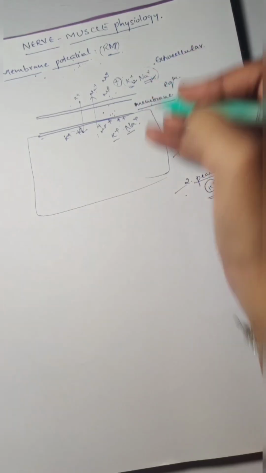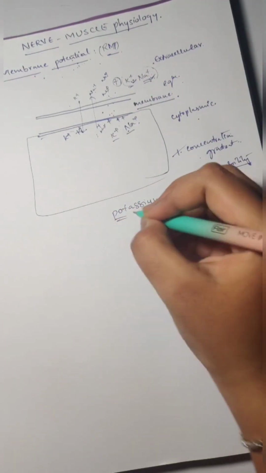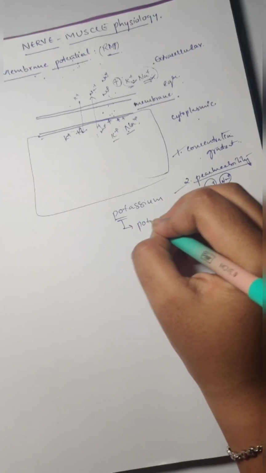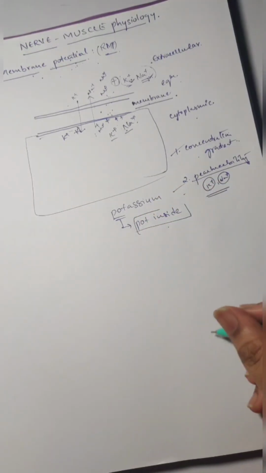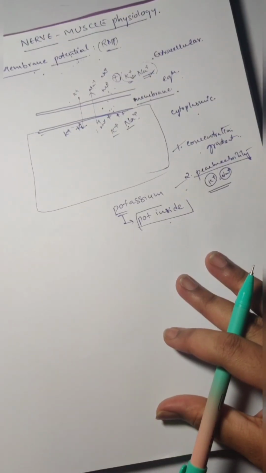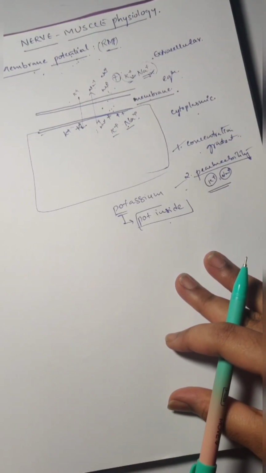Pot will always be present inside. We do not keep a pot outside. So potassium ions are more inside the cell when compared to outside. This is one thing. Okay, the potassium ion electrical gradient is also going to be maintained.